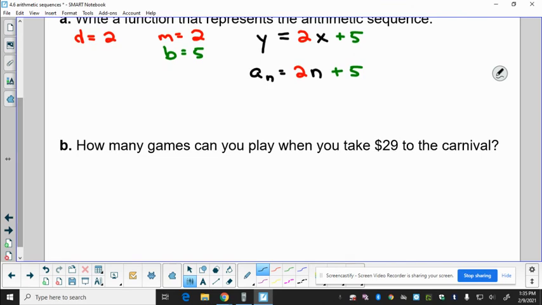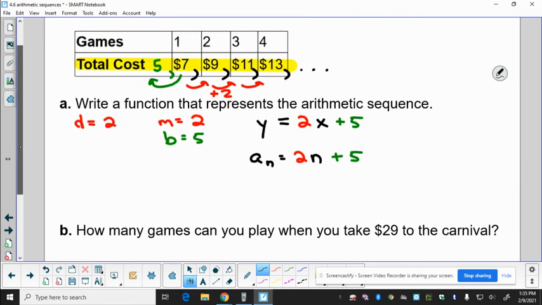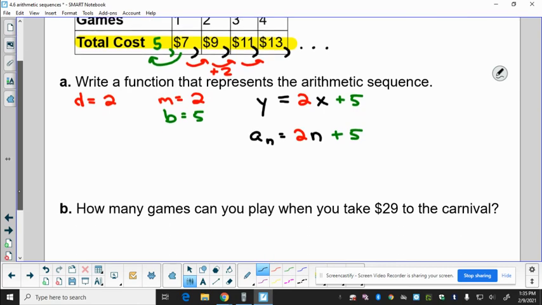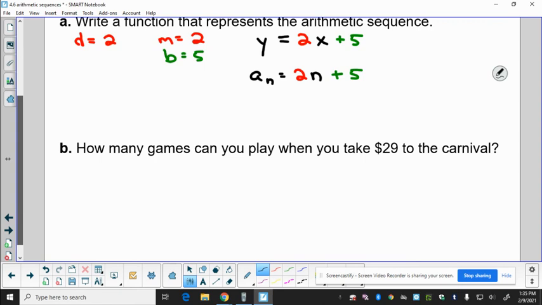Okay, how many games can you play when you take $29 to the carnival? All right, so all of these costs, these are the numbers of the sequence. Okay, the games, these are n. So $29 is going to go right here.